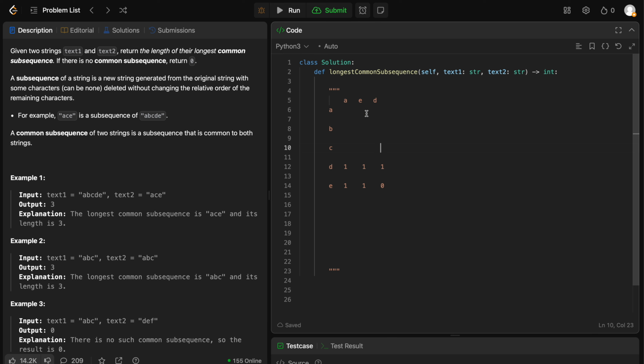I just need to compare these two, and that's it. If they are the same, they're not, then it's the maximum from here and here. So this is 1. They're the same, no they're not, then it's again the maximum between these two. These two match, no, it's the maximum between these two.